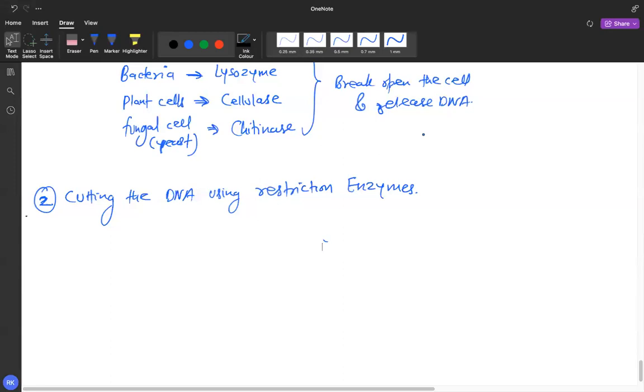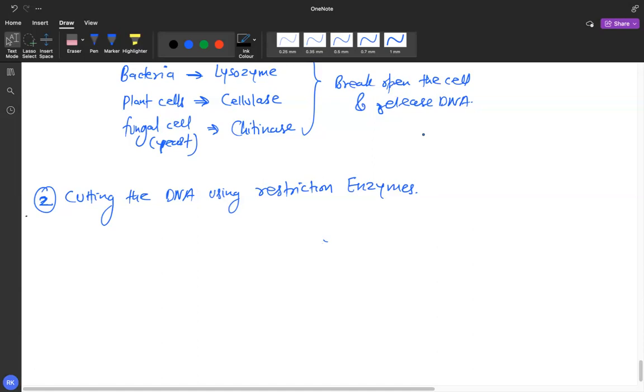Whichever restriction endonuclease can cut my gene of interest a little up and down, having some extra regions, I will use that, and I will treat my isolated whole genome or the whole DNA with that enzyme, and I will get small pieces out.